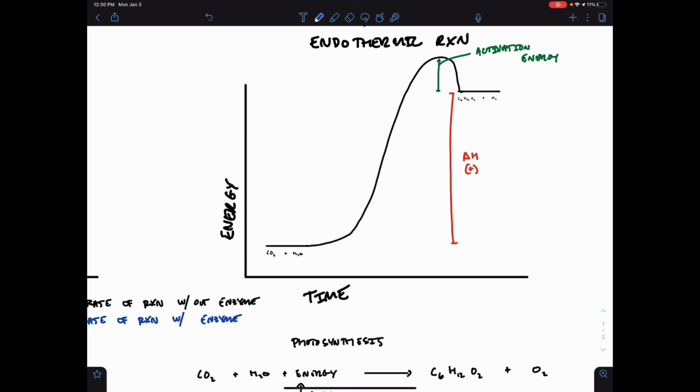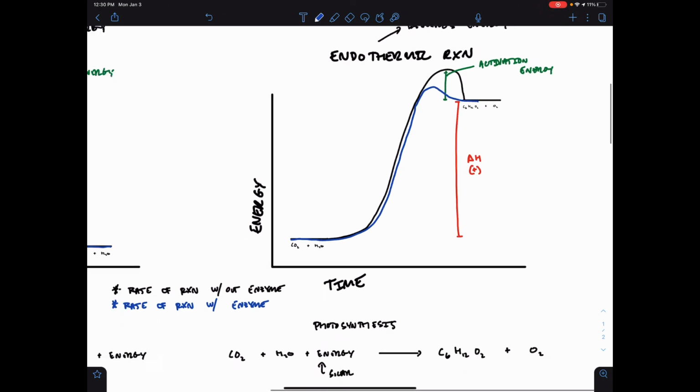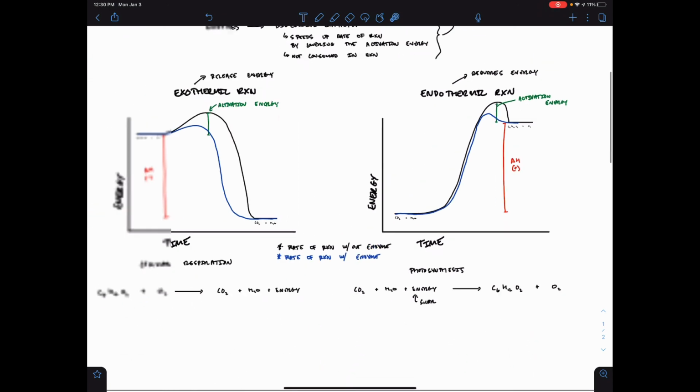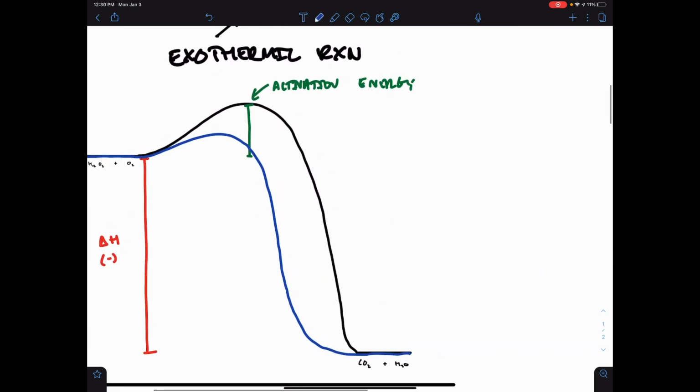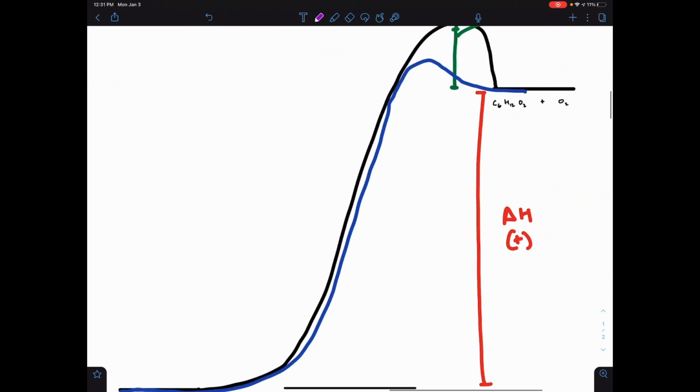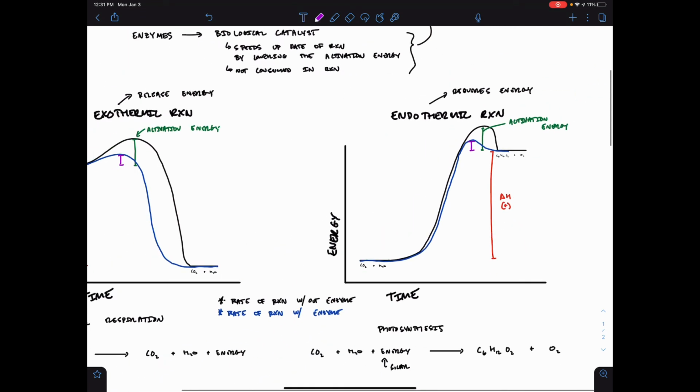And something like this. So you can see here in my blue curve that I actually get product faster than I would without the enzyme, because I have a lower overall activation energy with the enzyme compared to without the enzyme.